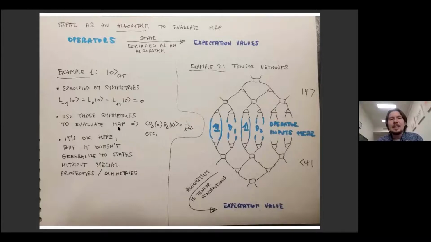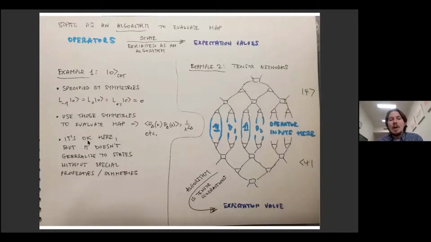So in this case, the algorithm for computing correlation functions is based on some special properties of the state, and the properties of the state define for me, or suggest for me, some reasoning for deducing these correlation functions. So the algorithm is deduced based on the symmetries, basically.